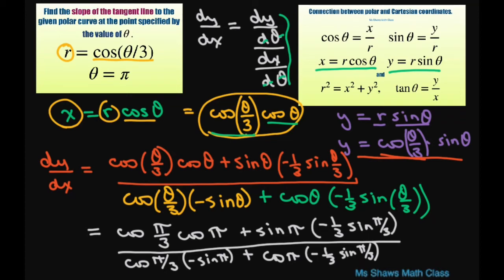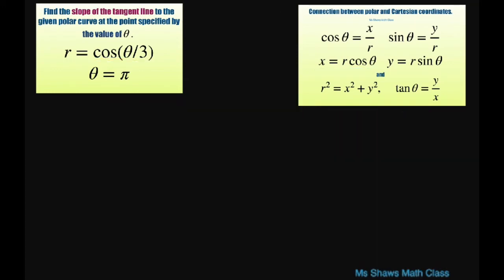Before I move on to the next slide, just know that sine of pi is 0. So basically what's going to happen is this is going to zero out here. This is going to zero out because sine of pi is 0. So what we're going to get is 1/2 times negative 1, and then we had this 0.